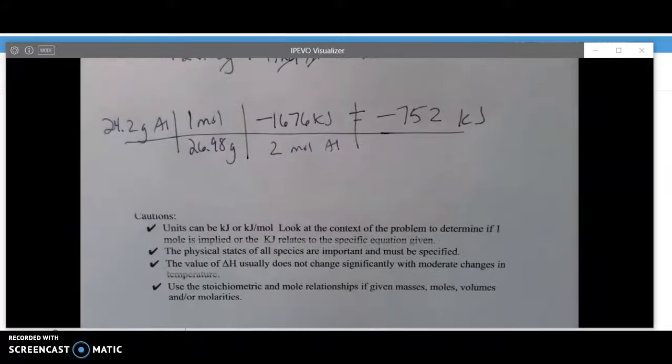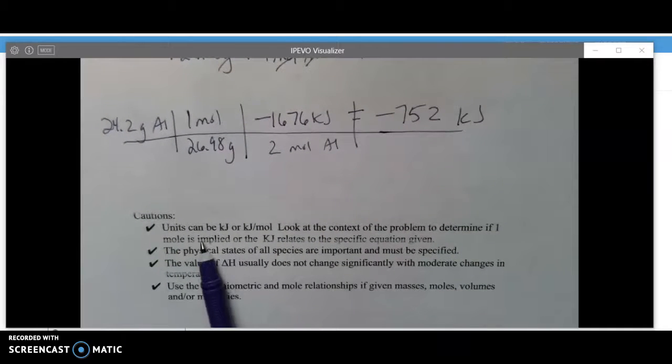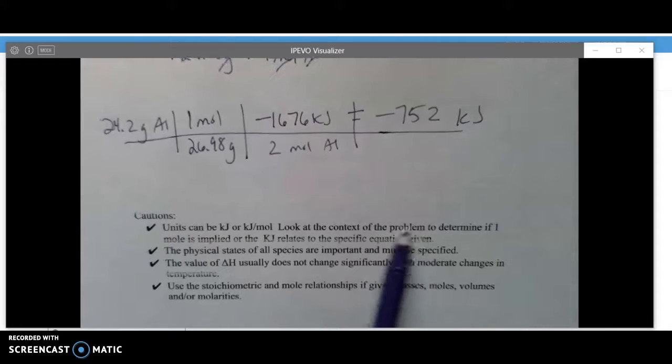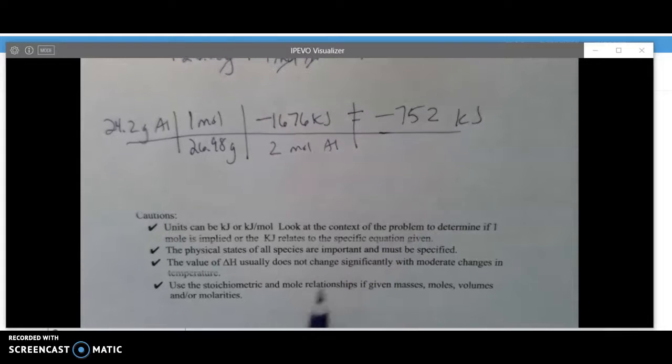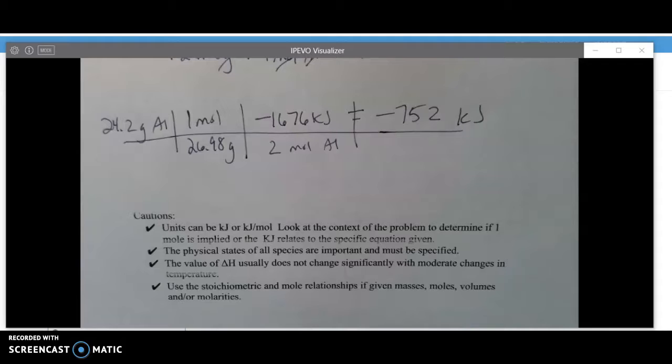All right, so a couple little questions with this. Just be careful, units can be kilojoules or kilojoules per mole. Look at the context of the problem to determine if 1 mole is implied, or the kilojoules relates to the specific equation given. If they just give you a heat value for a substance, then that's based on 1 mole.